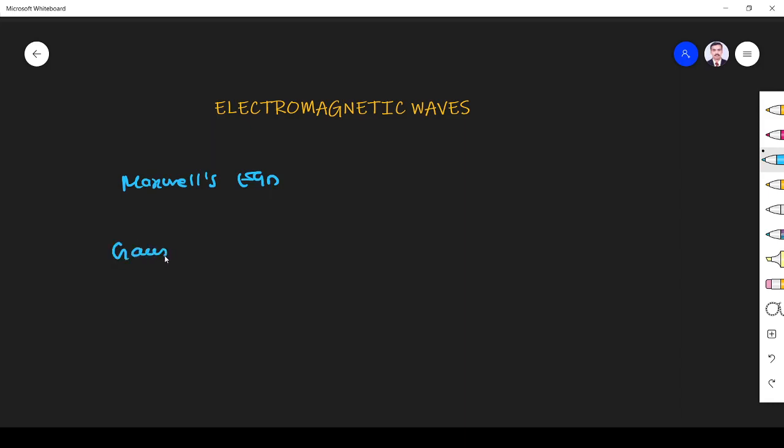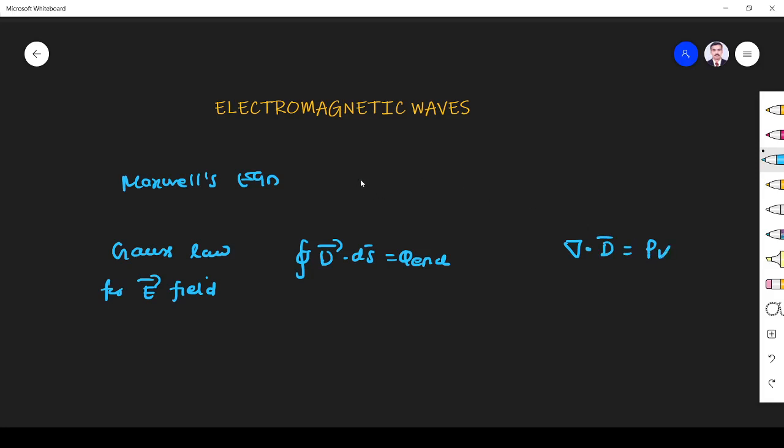It is Gauss law for the E field, electric field, that is given by closed integral D dot dS is equal to Q enclosed. Similarly, in point form, del dot D is equal to rho v. This is integral form, this is point form.